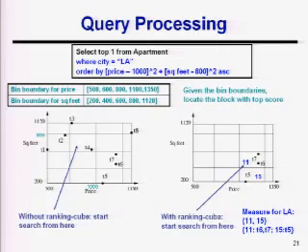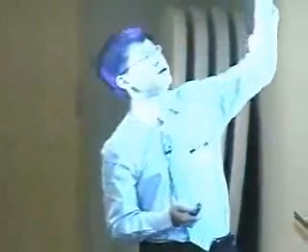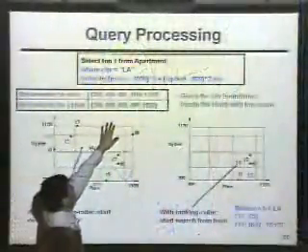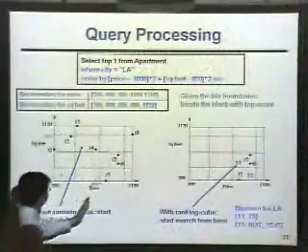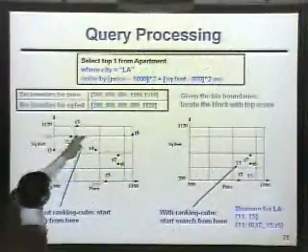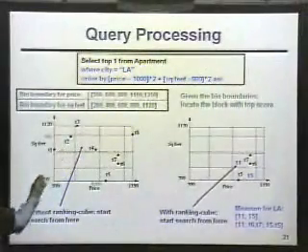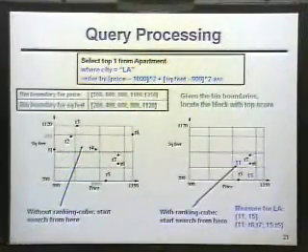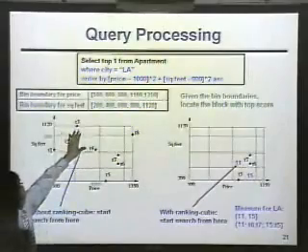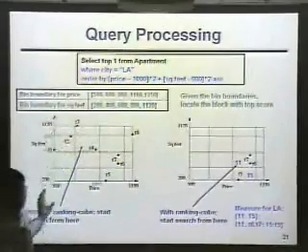So given this pre-computed information, what can we do in query processing? Without the ranking cube, given this ranking function, with price 1,000 and square feet 800, we find the price here, we have 800 here. So we know this block is most promising for the top answer. But unfortunately, this block does not contain any tuple satisfying this selection condition.